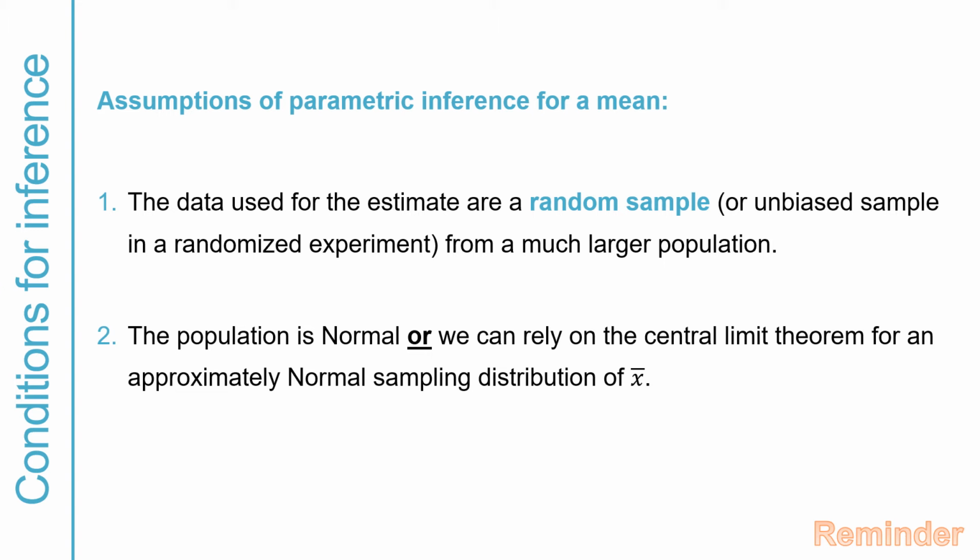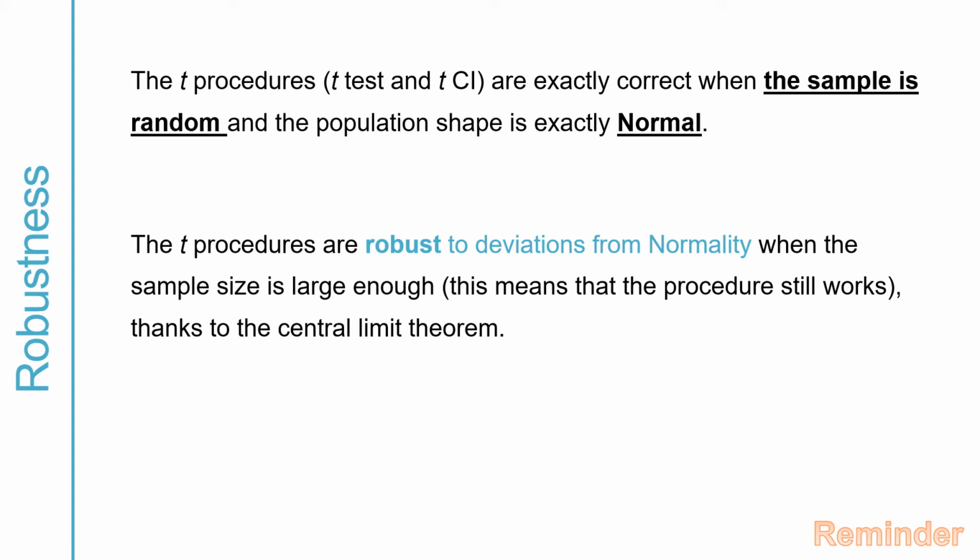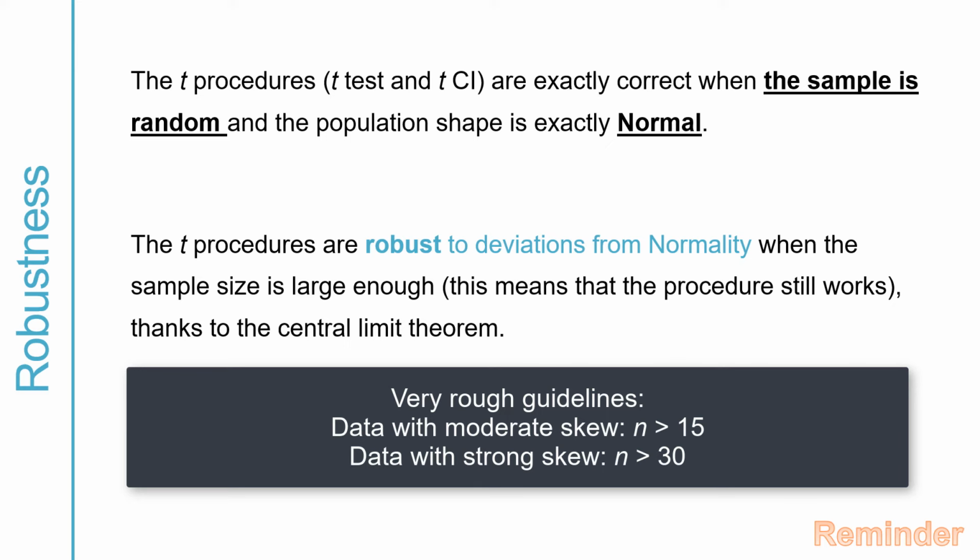And this happens when the population is normal, or when we can rely on the central limit theorem to tell us that with a large enough sample size, the sampling distribution of X bar should be normal, even if the population is not normal. This is what we refer to as the robustness of the T procedures. The T procedures are robust to deviations from normality when the sample size is large enough because of the central limit theorem.